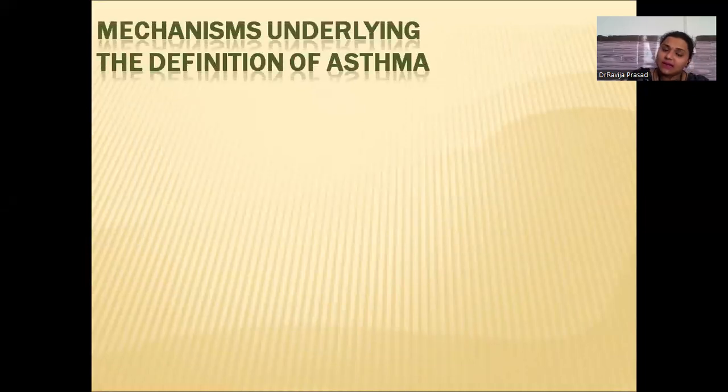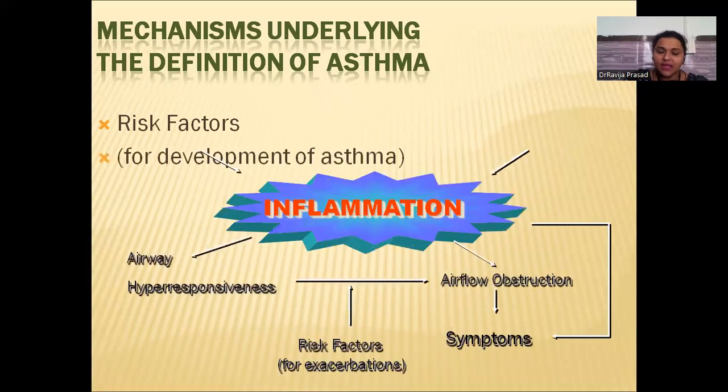Now, the mechanism underlying the definition of asthma. First, the risk factor. According to the risk factors for the development of asthma, what exactly is the risk factor? The risk factor is the inflammation.